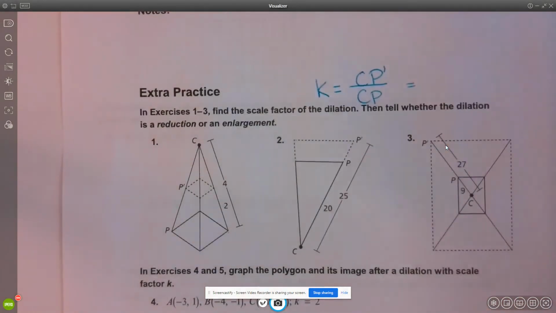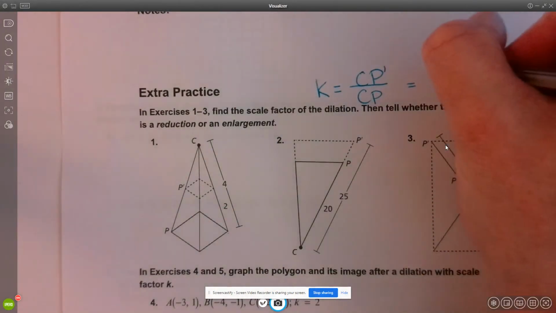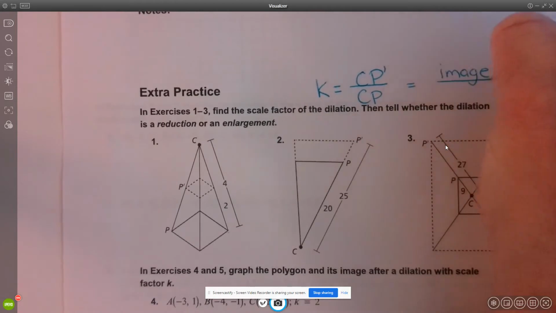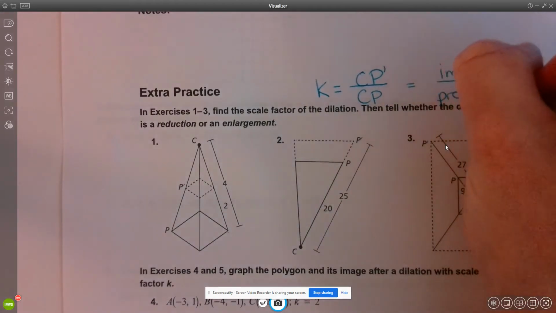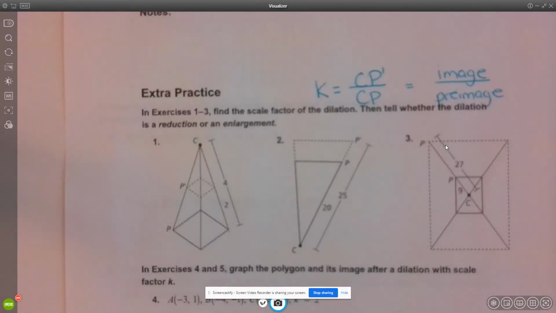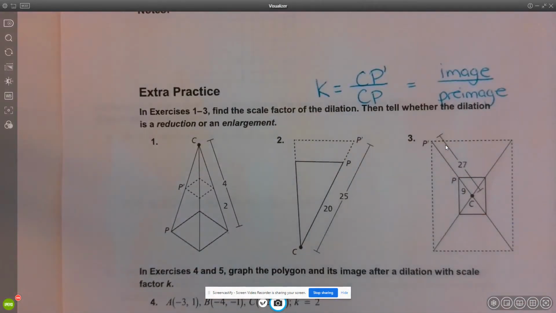Another way to think about that is you can find the scale factor by taking a length on the image and dividing it by a length on the pre-image. So that's what we're going to do in 1, 2, and 3. Okay, to tell what the image is and the pre-image is, we're going to look for those primes.